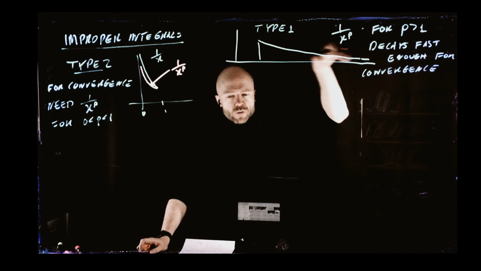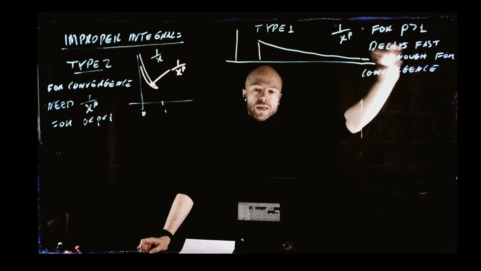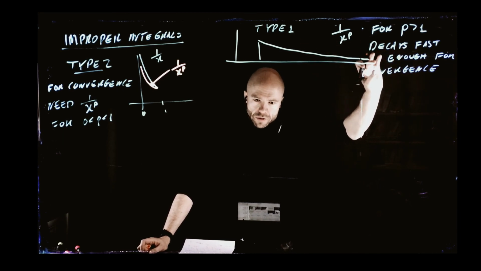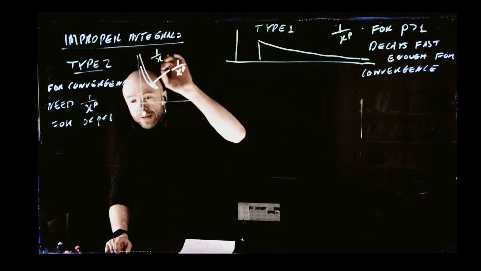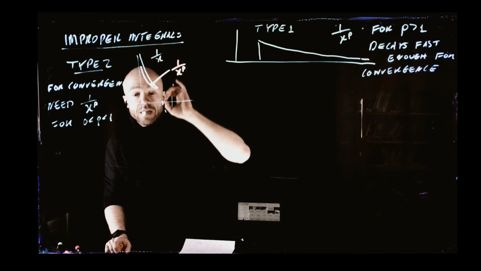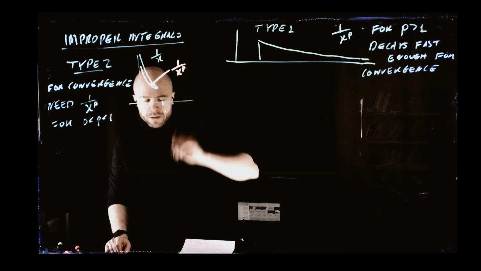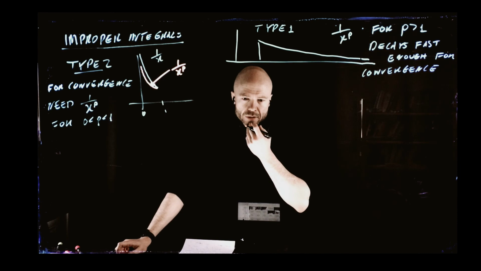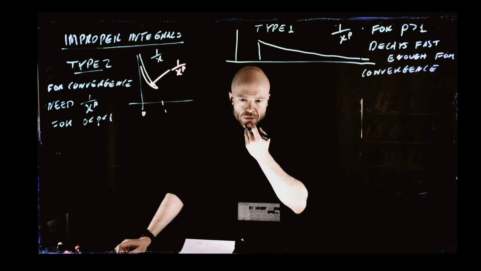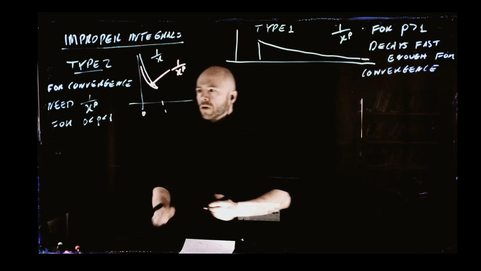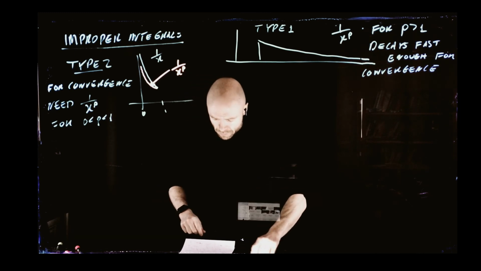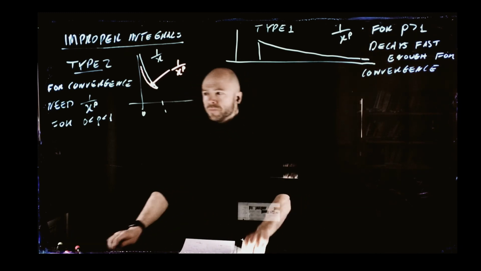If it's decaying at the rate of 1 over x or more slowly, then for sure it cannot have a finite integral, it cannot converge. If it's blowing up at the rate of 1 over x or faster, then it cannot converge. All right, give me a thumbs up if that is making sense to you. Okay, cool.